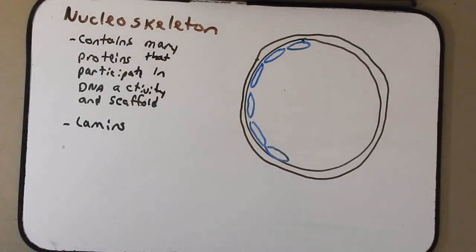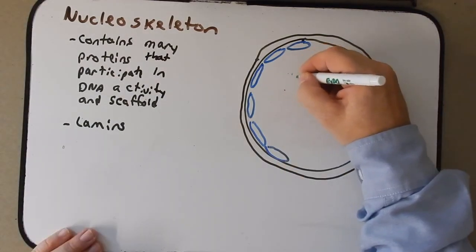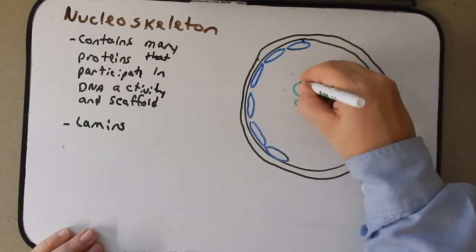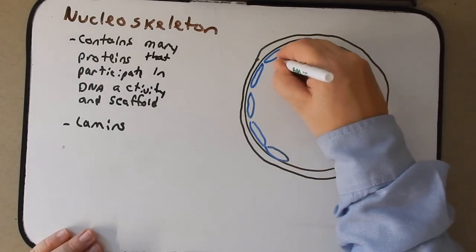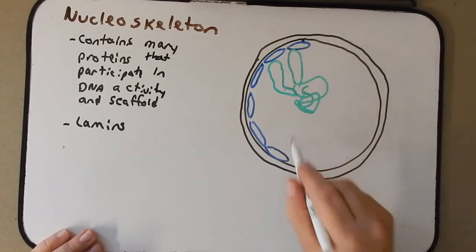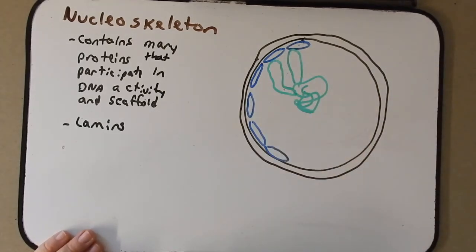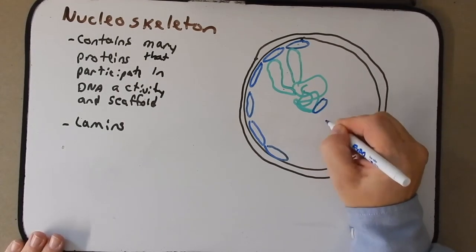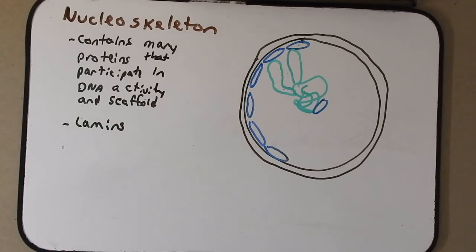And what they will do is they'll serve as attachment sites. If this is a large chromosome in this territory here, it might loop up here, it might loop up here or so, and it'll attach to these lamina proteins. There can also be some internal lamins that will bind to the DNA on the inside of the nucleus.